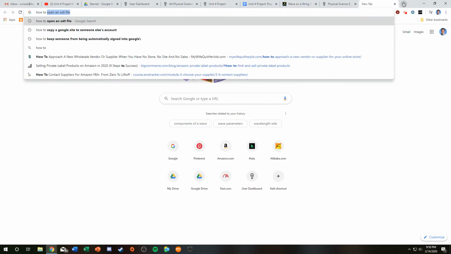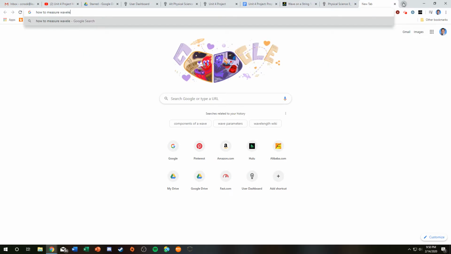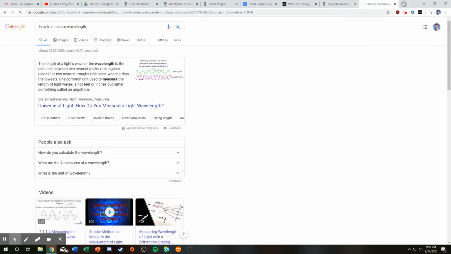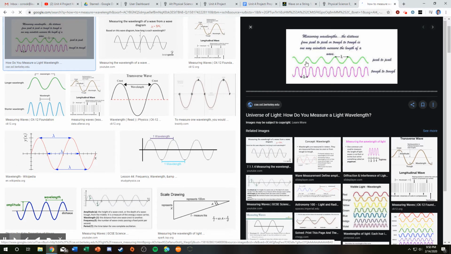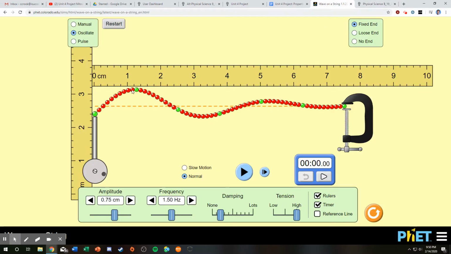And if we look right here, let's see how we can measure wavelength. Okay, so if we look right here at this diagram, wavelength is from one crest to another crest. And so when we go over here, we can measure potentially one crest to one crest.